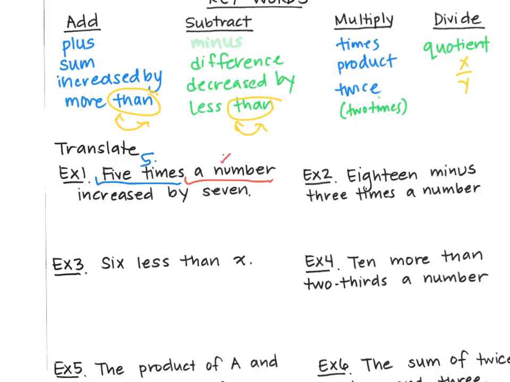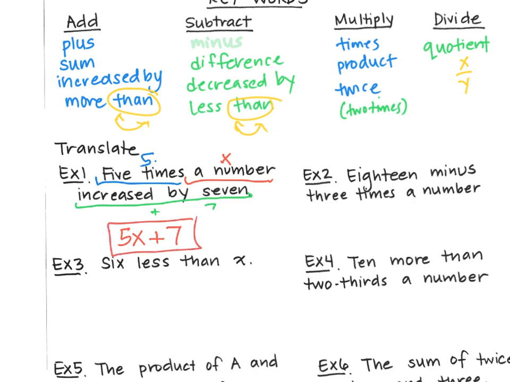So I'm going to use x for my variable, but you could pick any letter you like. Increased by 7. What does increased mean? Increased is on add, so I'm going to add 7 to that. So my final expression is 5x plus 7.